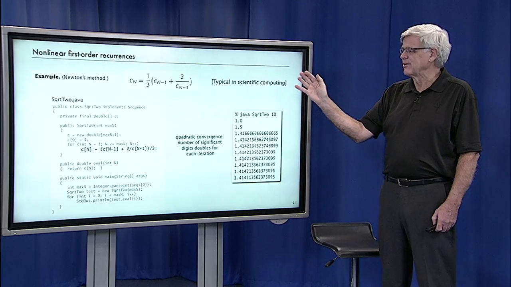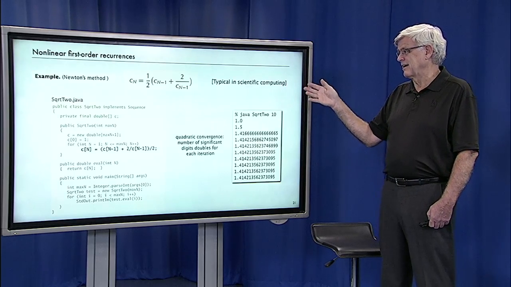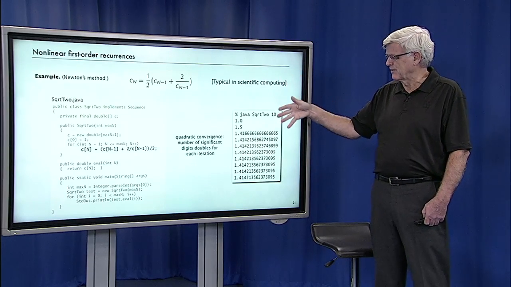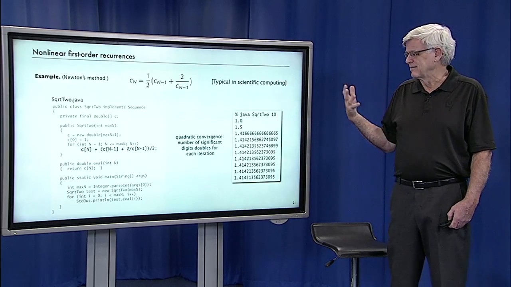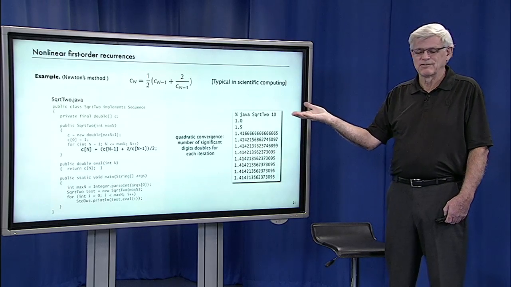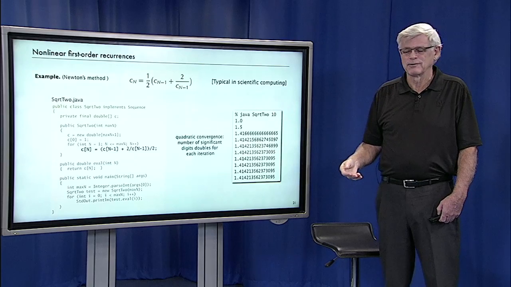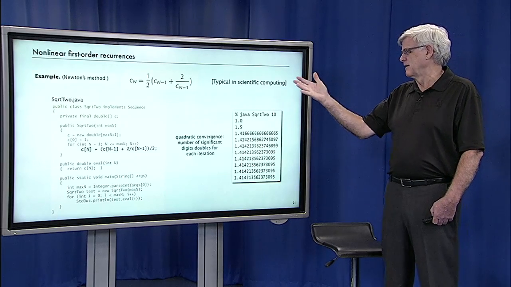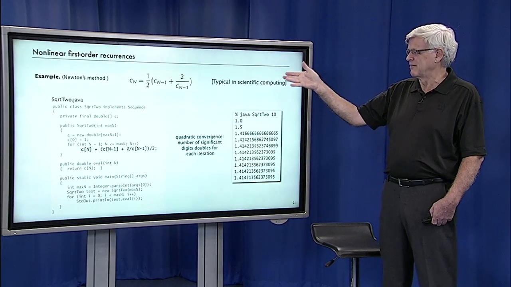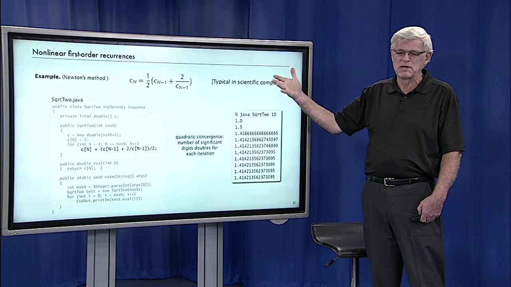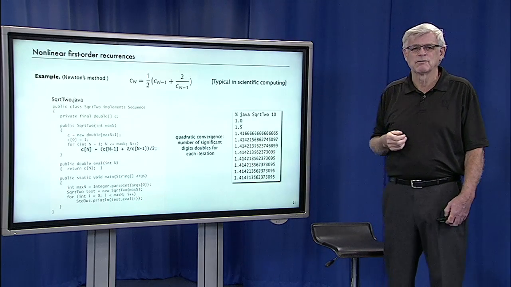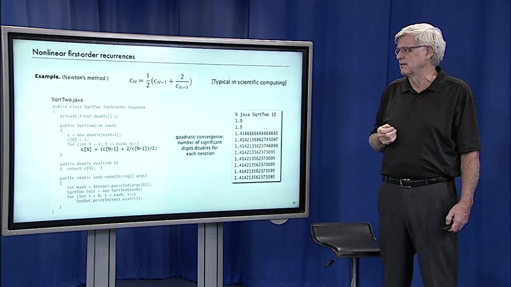So that's a nonlinear first order recurrence, and again, doing the math to prove that this happens is certainly the analysis of algorithms, like analyzing this algorithm. But the recurrence is of a quite different nature than the kind that we're going to largely be considering in this course.